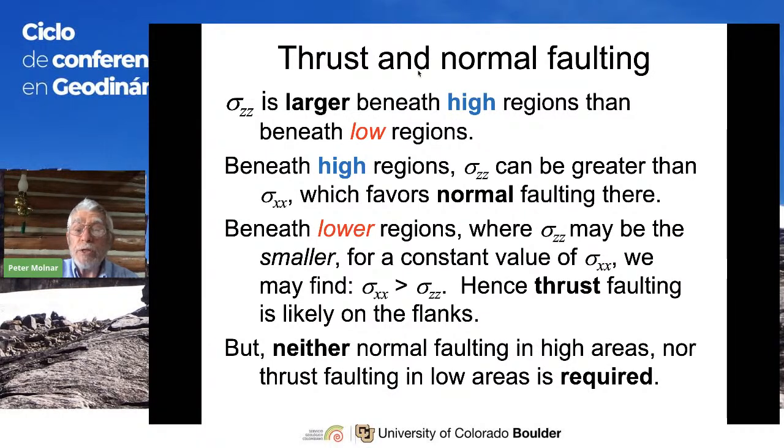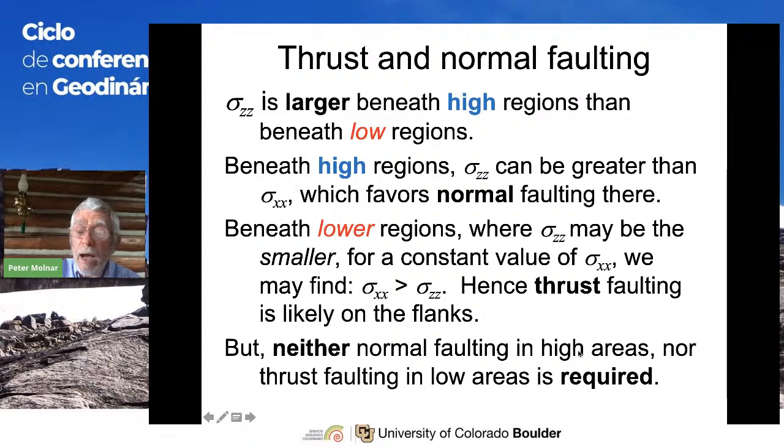And beneath high regions, therefore, sigma zz can be, not necessarily, but can be greater than sigma xx, which would favor normal faulting there. Beneath lower regions, where sigma zz may be smaller than sigma xx, for a constant value of sigma xx, we might find sigma xx greater than sigma zz, and hence thrust faulting is likely on the flanks.